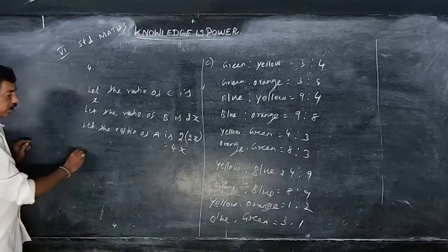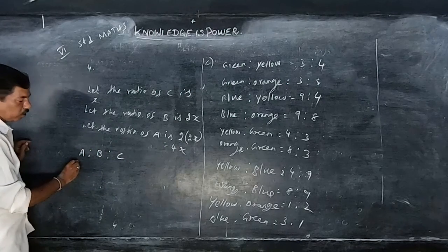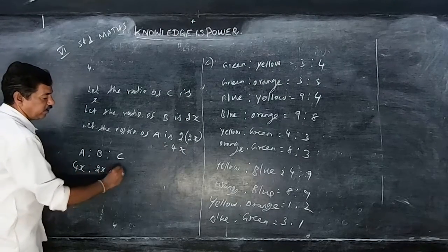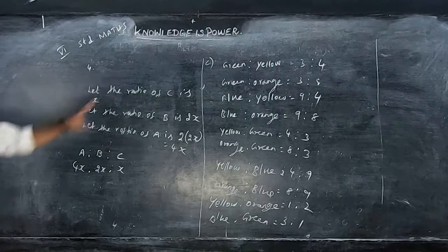Now write that A is to B is to C. A will be 4x, B will be 2x, C will be x. So this is the thing you have to find out from this.